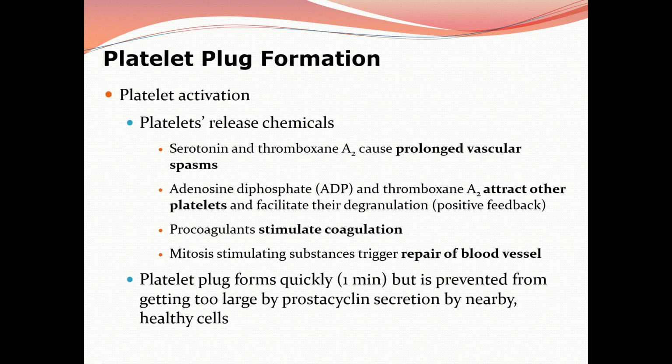Procoagulants will then stimulate coagulation. Mitosis stimulating substances will trigger the repair of the blood vessel. The platelet plug forms quickly in about 1 minute, but is prevented from getting too large by prostacyclin secretion by nearby healthy cells.